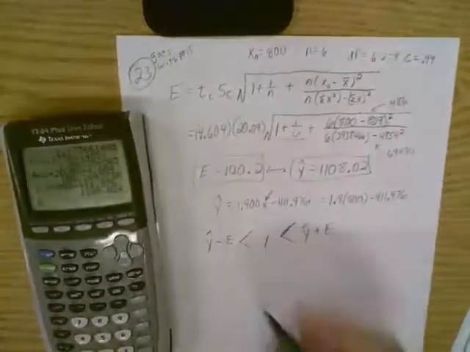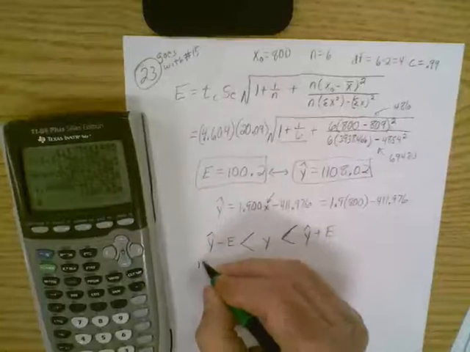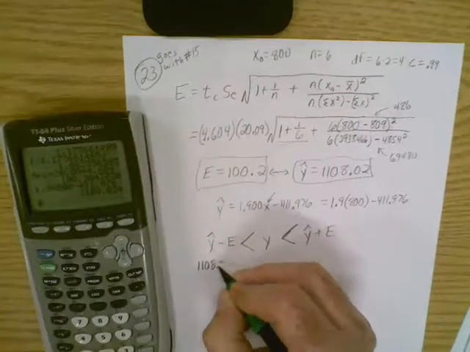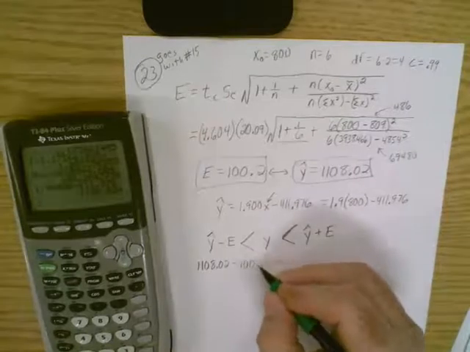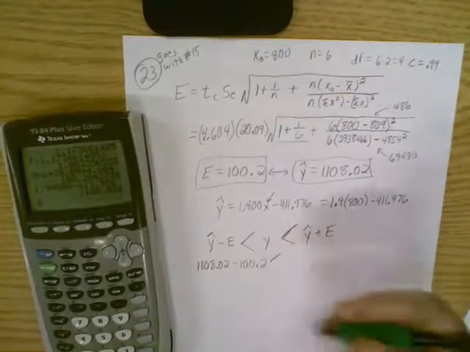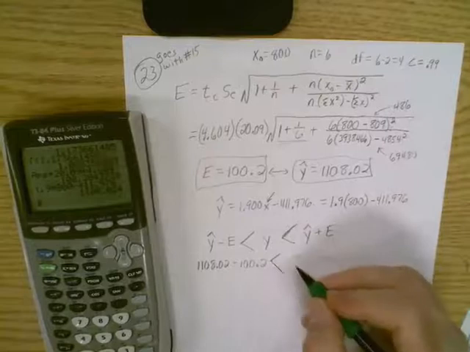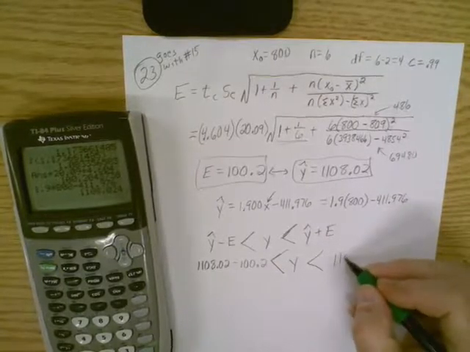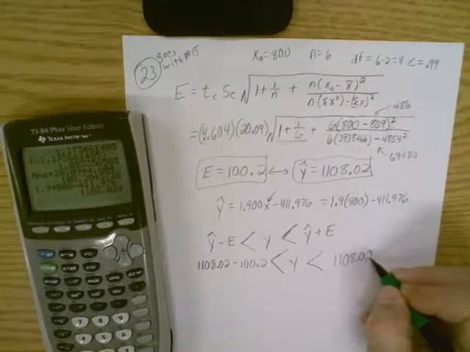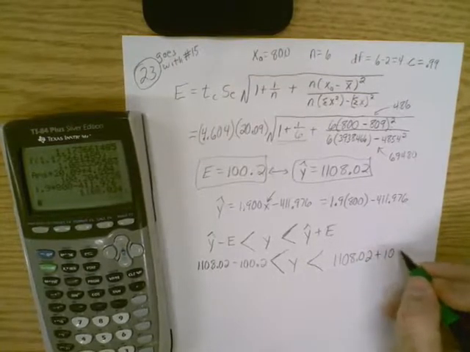So on the low side, y hat, 1108.02 minus 100.2. And then on the other side, 1108.02 plus 100.2.